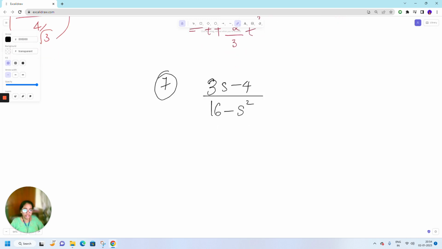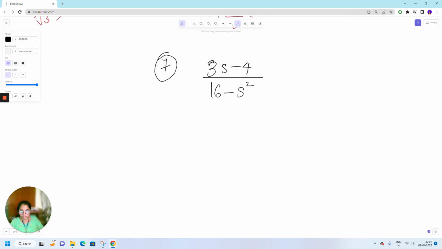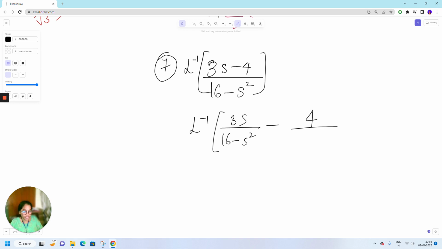As I told you, if you have two terms in the numerator, what should you do? Divide each term. Write it as 3s divided by 16 minus s square minus 4 divided by 16 minus s square. Okay, observe the formula list. We never had a square minus s square in the denominator. We always had s square minus a square.